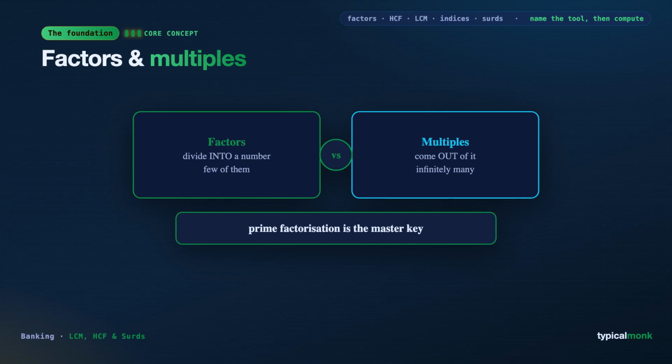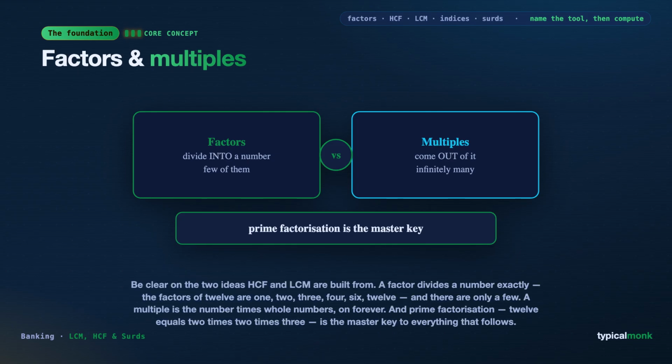Learn to prime factorize fast, and the rest of this class becomes easy. So the takeaway: a factor divides a number exactly, and there are few of them. A multiple is the number times whole numbers, and there are infinitely many. And prime factorization, breaking a number into its prime building blocks, is the key tool for everything that follows.